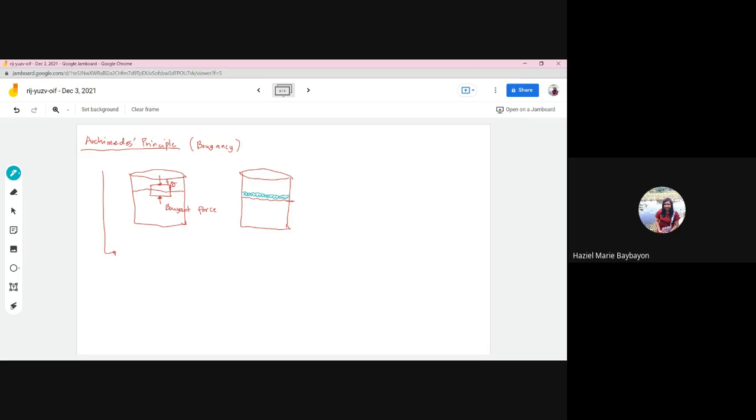So, how do we quantify this one? According to Archimedes' principle, when a body is completely or partially immersed in a fluid, the fluid exerts an upward force on the body equal to the weight of the fluid displaced by the body.